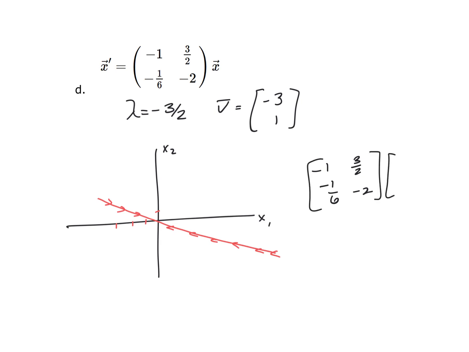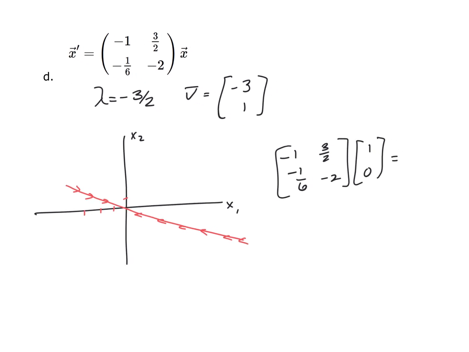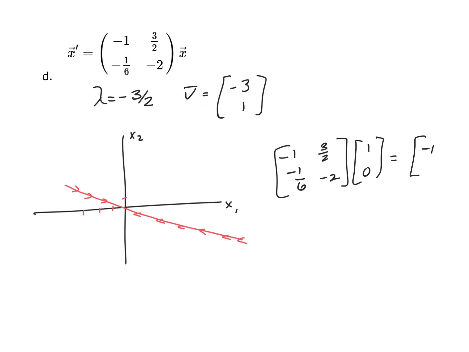If I multiply this by 1, 0, my answer ends up becoming -1, -1/6. So what this is telling me is that my trajectories at that point 1, 0 should be pointing toward the third quadrant. So what's happening is that these are coming in like this.